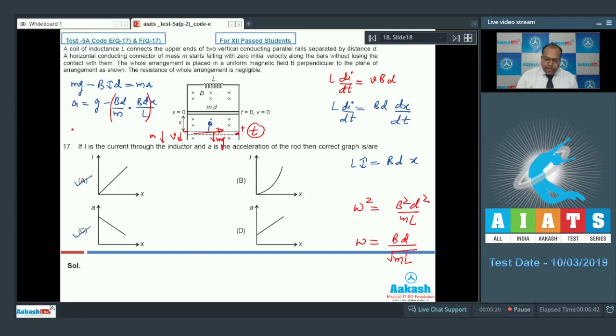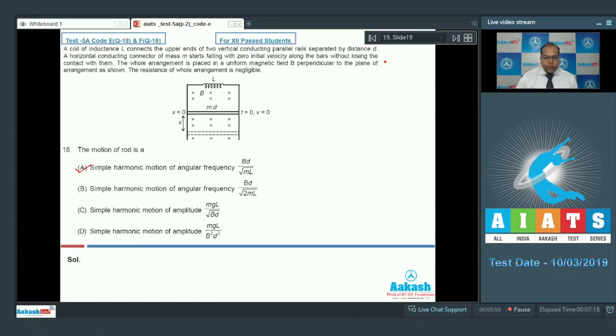So if I calculate the value of x, then from here it comes out to be mg into L divided by B square d square, and we have started this motion from here, so we can say that when the acceleration becomes 0, the value of x gives the amplitude. So option D is also the correct option. So the correct answer for question number 18 are A and D.